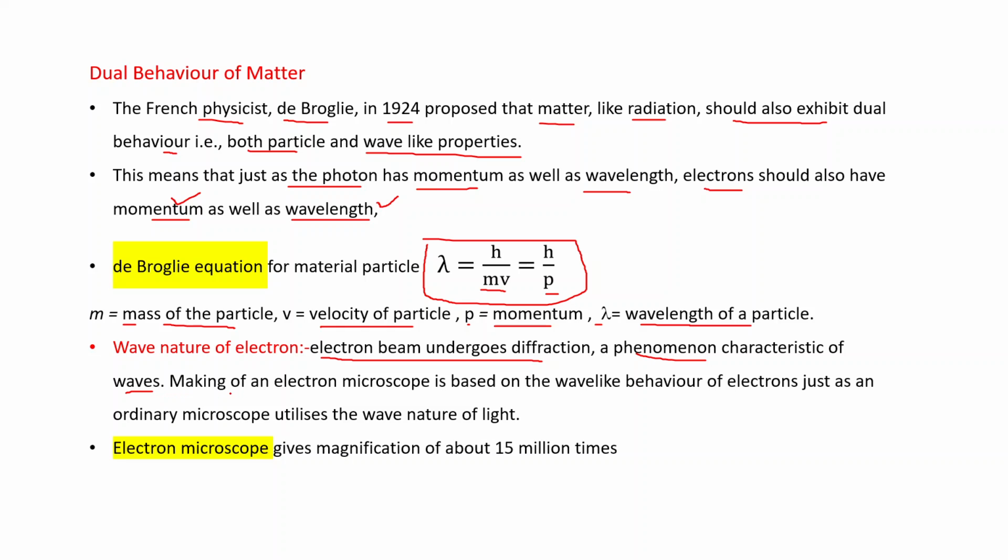At the same time, making of an electron microscope is based on the wave-like behavior of electrons, just as an ordinary microscope utilizes the wave nature of light. This electron microscope gives magnification of about 15 million times.